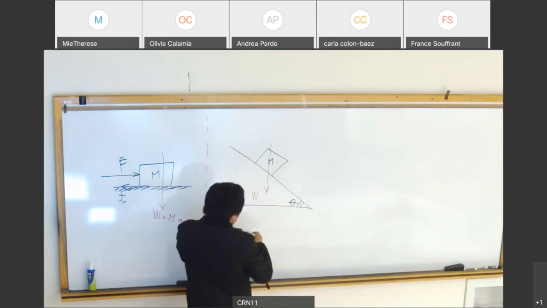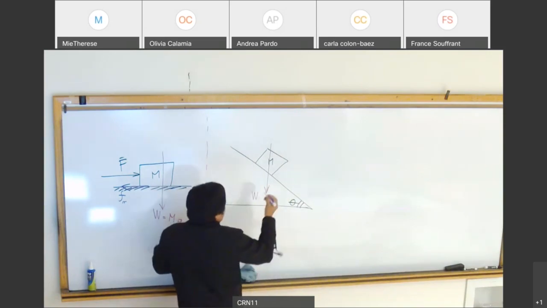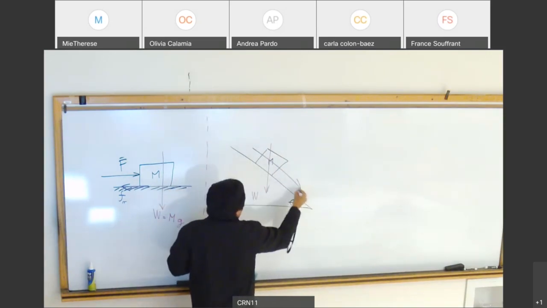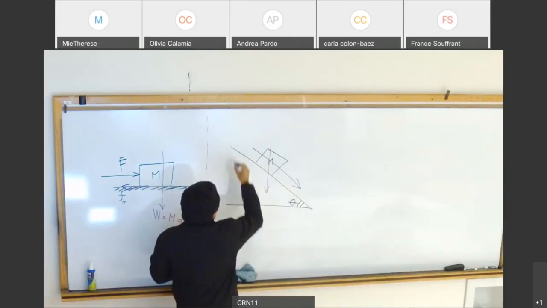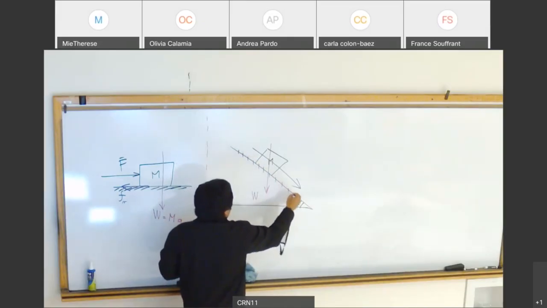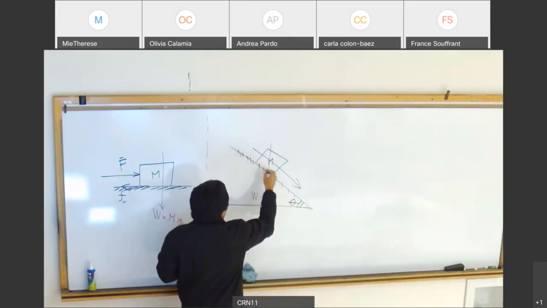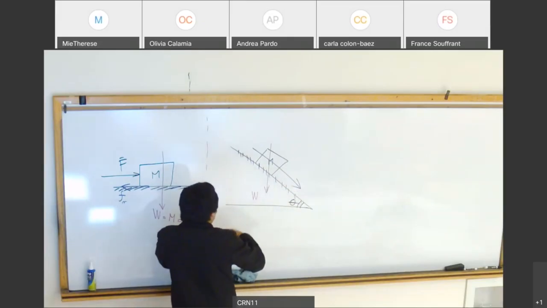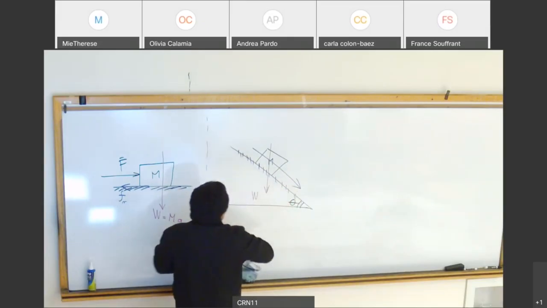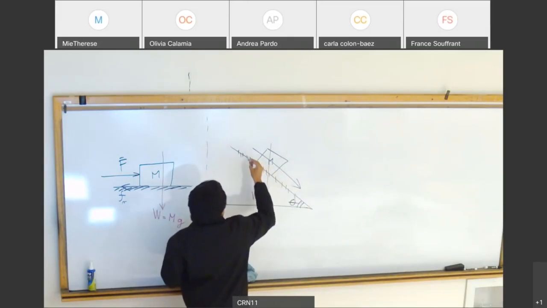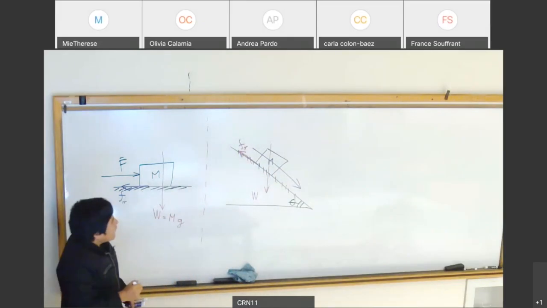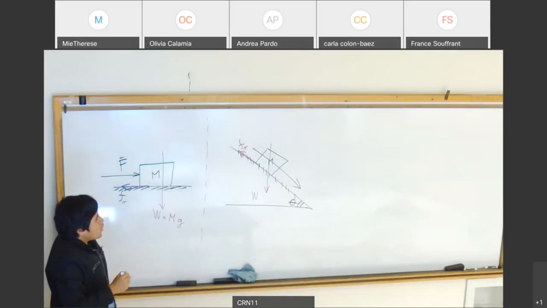There is a component of gravity making it go like this. But because there is friction here, then there is a force of friction that is opposite. The motion should be going like this. But there is also friction there. Right? So that's how you draw it.